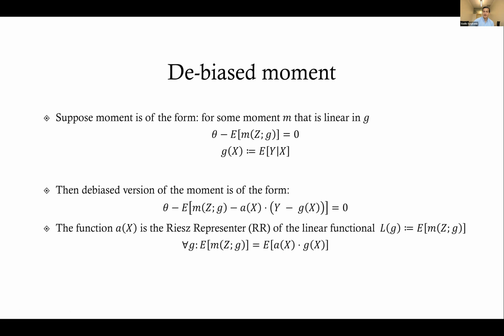So in order to debias the moment m, we need to be able to estimate that Riesz representer and add this debiasing correction.